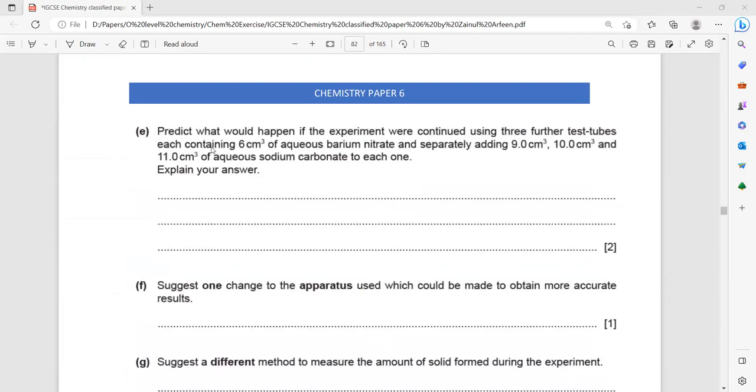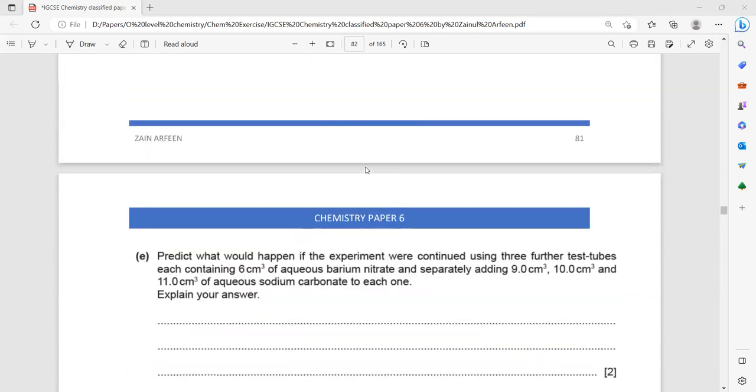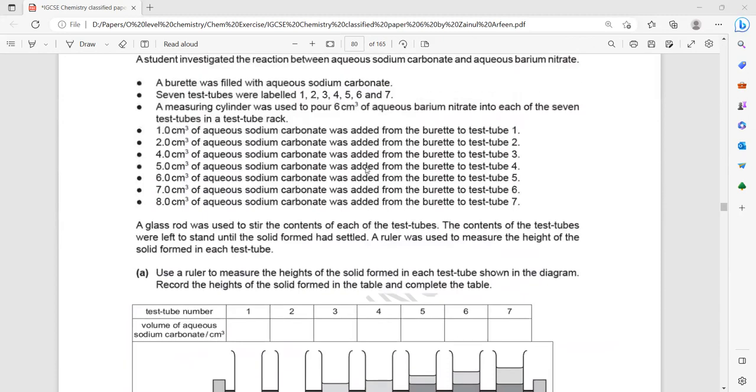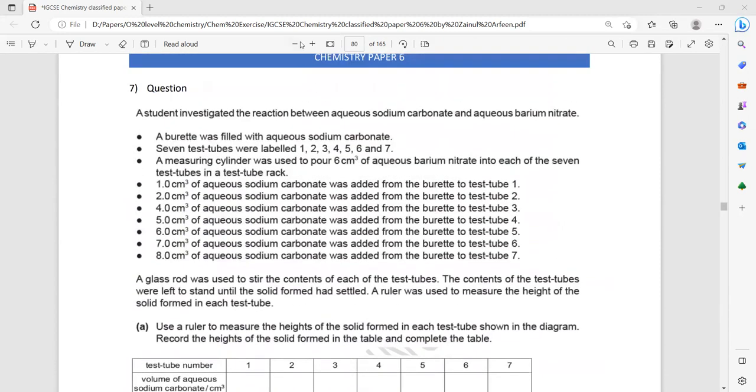The next one is, predict what would happen if the experiment was continued using 3 further test tubes, which contain 6 cm cube of barium nitrate and separately adding 9, 10, and 11 cm cube of sodium carbonate. Like in the beginning, how much barium nitrate was there? 6.